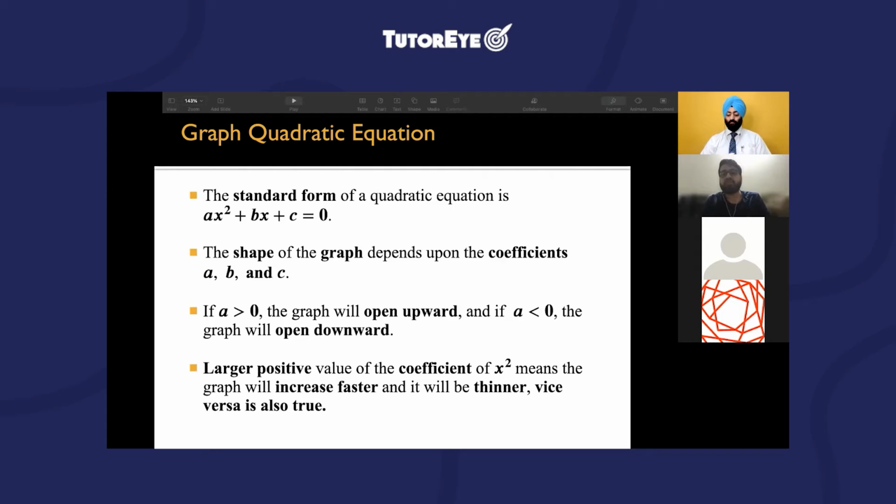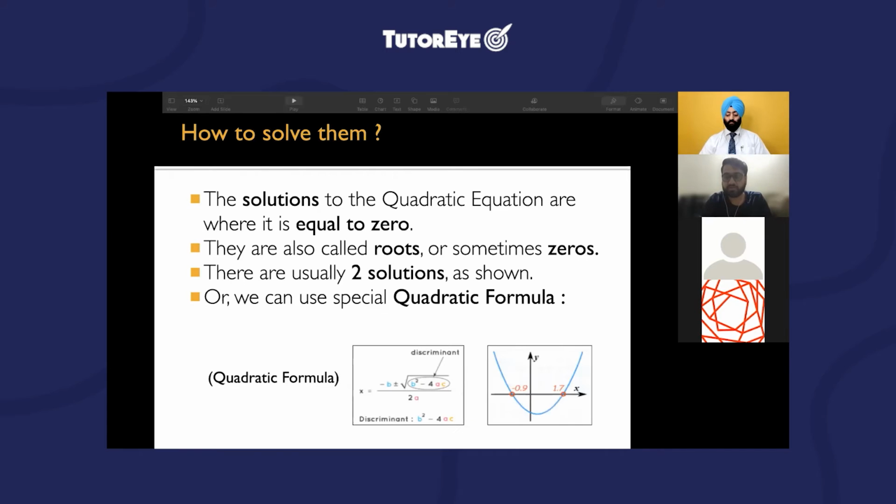B and C will define where the line of symmetry will be and where the vertex of the parabola will be. Also, the larger the positive value of a, the coefficient of x square, the faster the graph will increase. That means when you see this graph, if the value of a is greater, then the parabola lines will be closer to y.